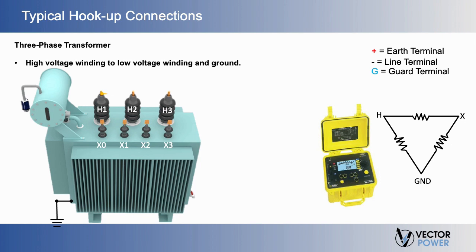Jumper H1, H2, and H3 together. Second, jumper X0, X1, X2, and X3 together, and jumper X0 to ground. Third, connect the Megohmmeter's positive, the earth terminal, to the X windings. And finally, connect the Megohmmeter's negative or line terminal to the H windings.